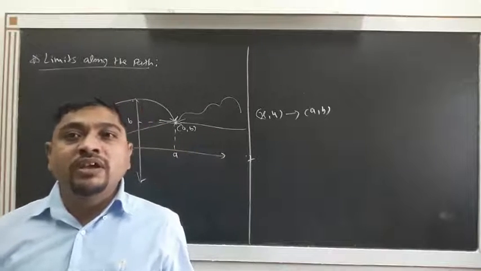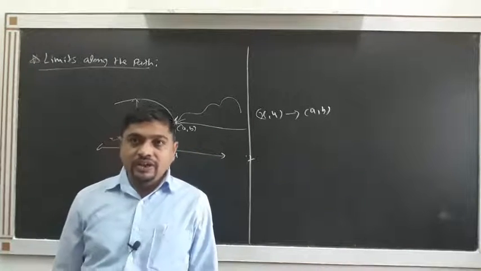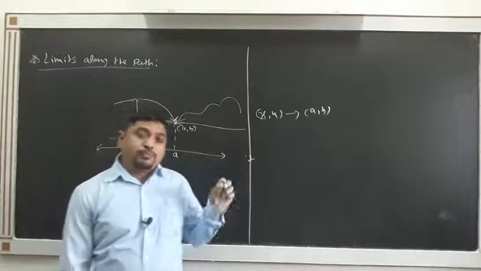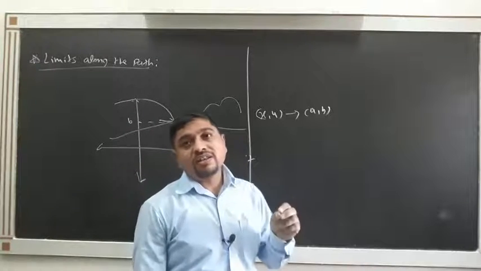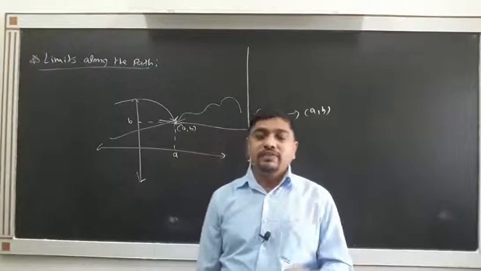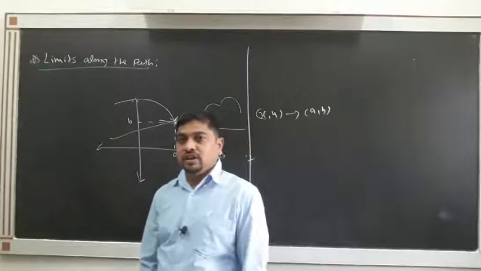That is, the limit along any path must be equal.